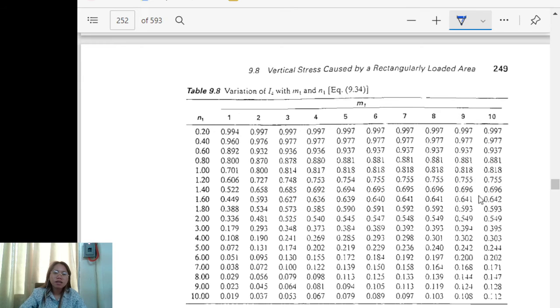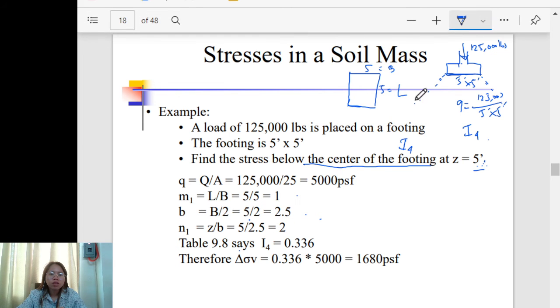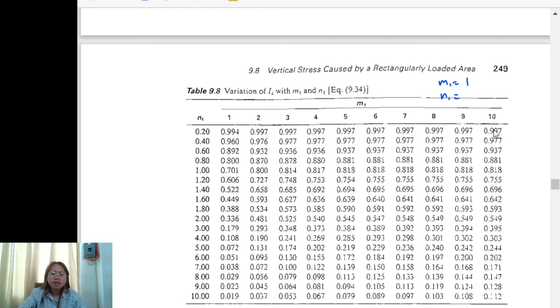Your M1 is 1 and your N1 is 2. So looking at the table, your I4 is equal to 0.336.